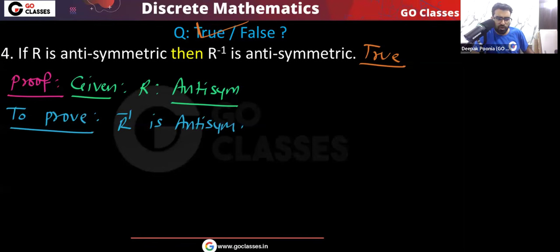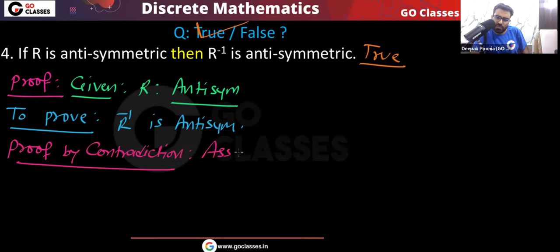We can prove it by contradiction. Proof by contradiction: assume R inverse is not antisymmetric. For a moment, I am assuming that R inverse is not antisymmetric.